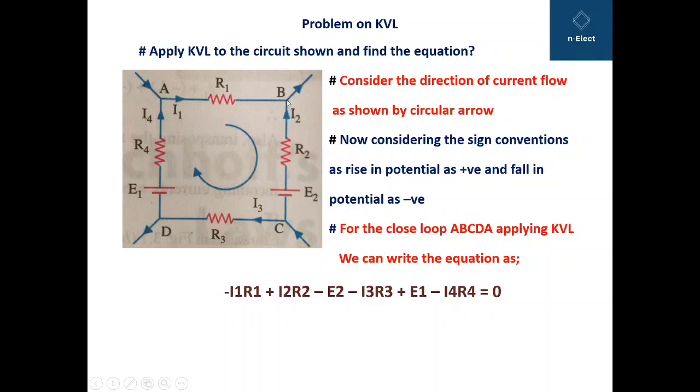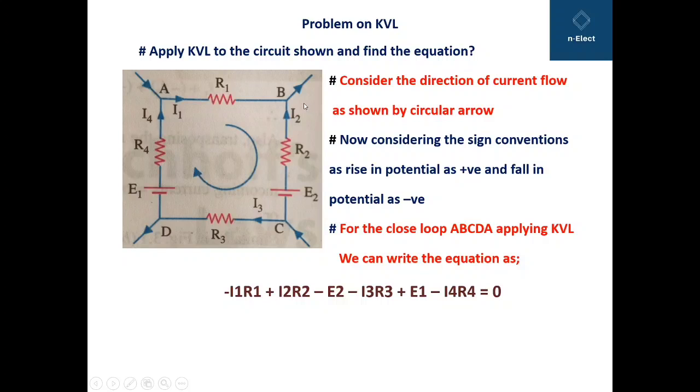So negative of I1 R1 is the term for this first branch. Now proceeding from B to C, we calculate the voltage in this branch. Here the voltage drop is positive on this side and negative on this side, and our loop direction is this, so we are going from negative to positive.